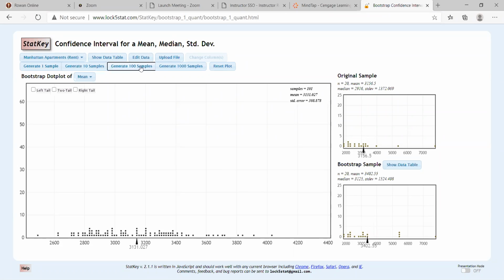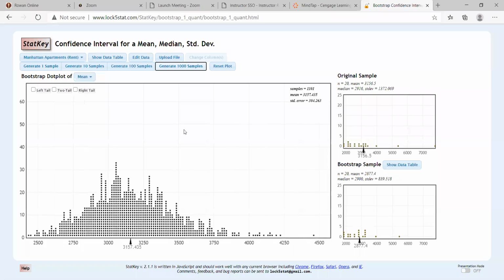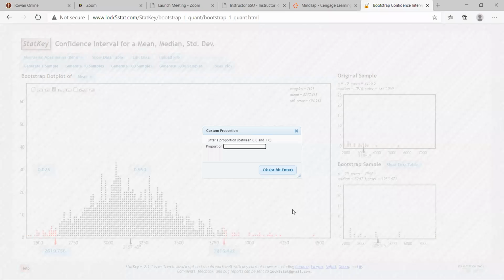And again, we can create our bootstrap distribution of samples. How many samples in this case? 1,101 samples. That's what I chose. So there are 1,101 total dots here. And if I click the 2 tails, I create my confidence interval. And let's say I wanted to change the 95 to 0.90.